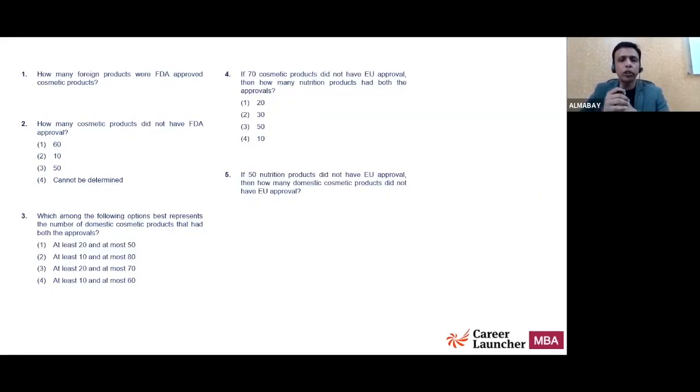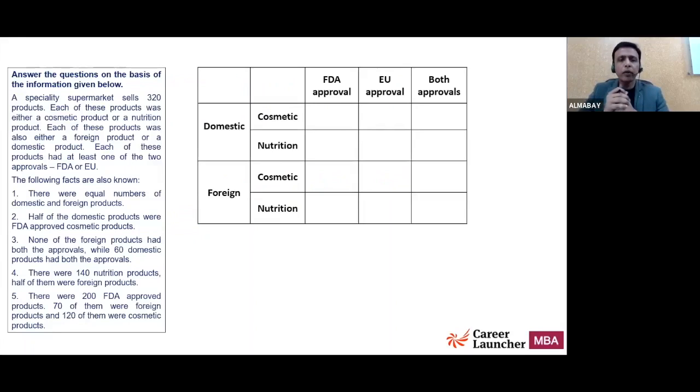the questions were pretty not very straight because 2 questions were in the format of TITA, non-MCQs. Then 3 questions were talking about the values that could be in the certain range. So need to figure out the number of products available under each category. So to begin with, if I say there are total of 320 products and there would be equal number of domestic and foreign products.